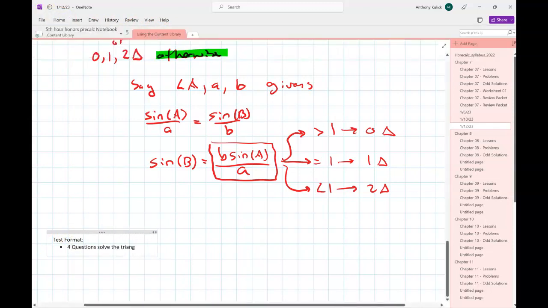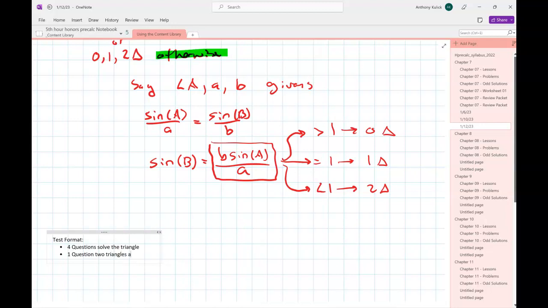Solve the triangle. I have 1 question where 2 triangles are possible. So solve them both. So one of those, I'm telling you it's the ambiguous case where it's 2 triangles. Can you get me both sets of answers for that?